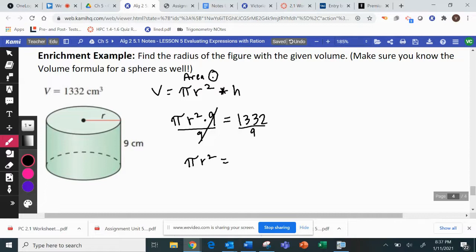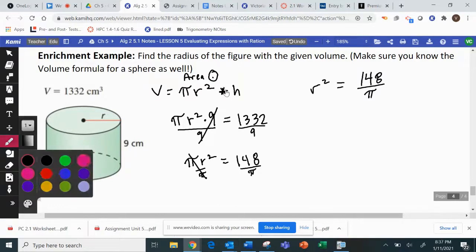I have another calculator here I'm doing without switching my screen around. And I get 148. Now, we're going to divide both sides by pi. And I'm going to get r squared equals whatever 148 divided by pi is. That's going to be a terrible decimal.